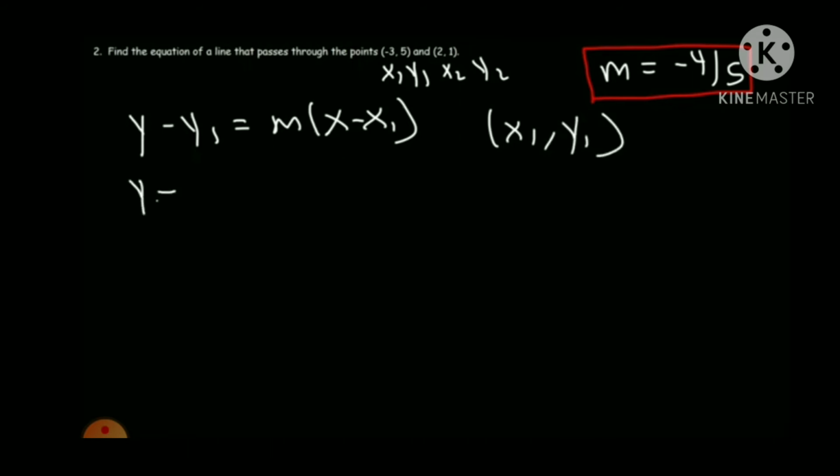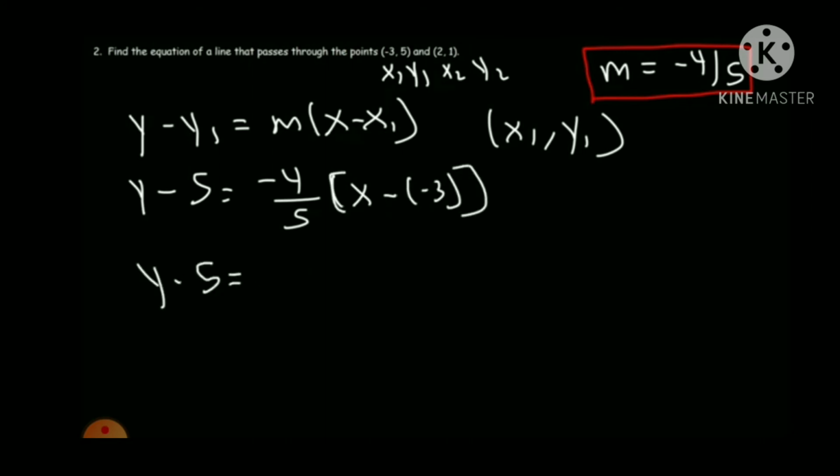So let's replace y1 with 5, m with negative 4 over 5, and x1 with negative 3. So we're going to have y minus 5 is equal to negative 4 over 5, and then the two negative signs will become positive, so we're going to get x plus 3.